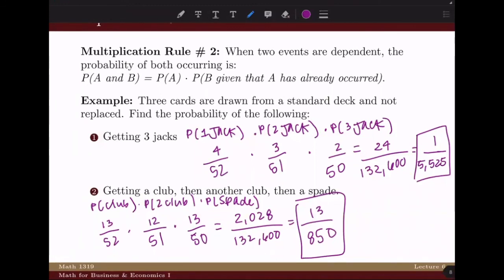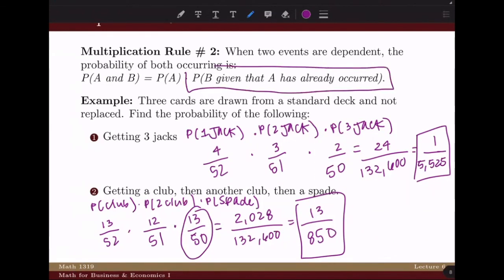So it'll say, suppose 2 clubs have been drawn. What is the probability of drawing a spade? If it's a question posed like that, you would just take the probability here, 13 out of 50. So this is called a conditional probability, where we have the probability of B given that A has already occurred. It's also sometimes written in this notation, just so y'all have seen that.